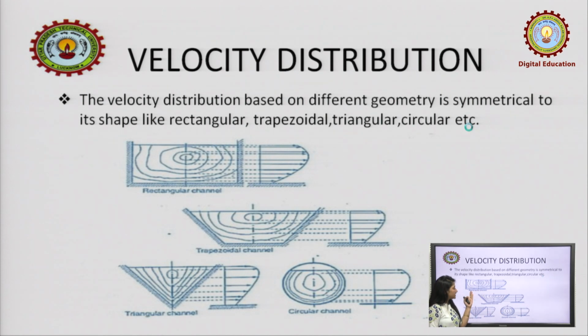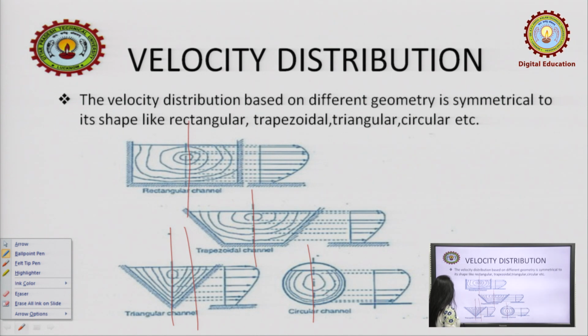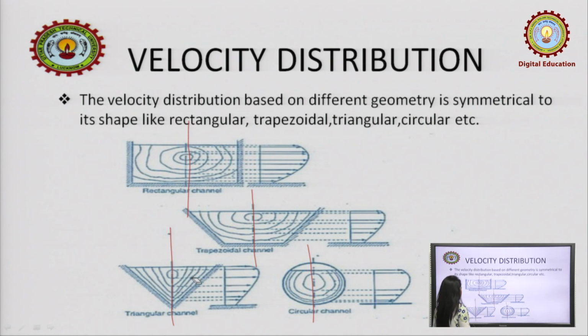In all these different cross sections, we can draw a perpendicular axis, or divide according to the symmetry of any channel. This was the rectangular channel, which we have divided symmetrically.